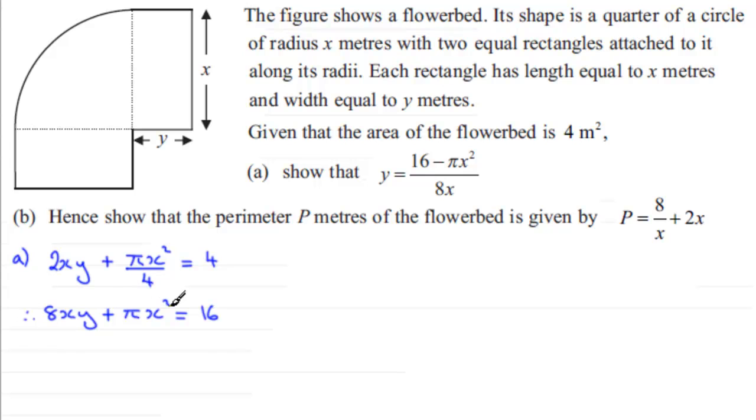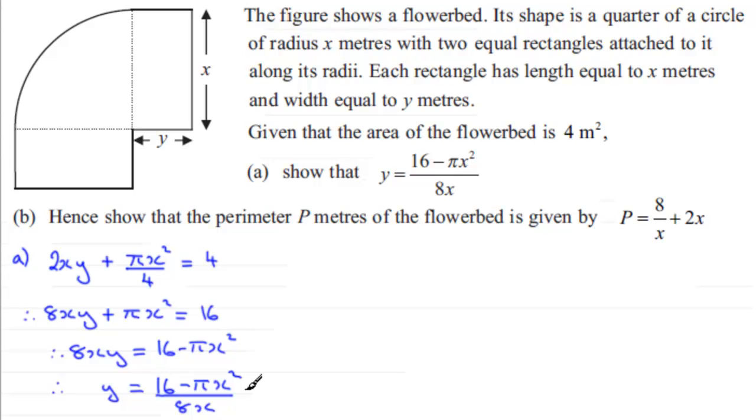Now it's just a question of subtracting pi x squared from both sides, so you're left with 8xy equals 16 minus pi x squared. And if we now divide both sides by 8x, you end up with the result that we want. y equals 16 minus pi x squared, and that's all divided by 8x.